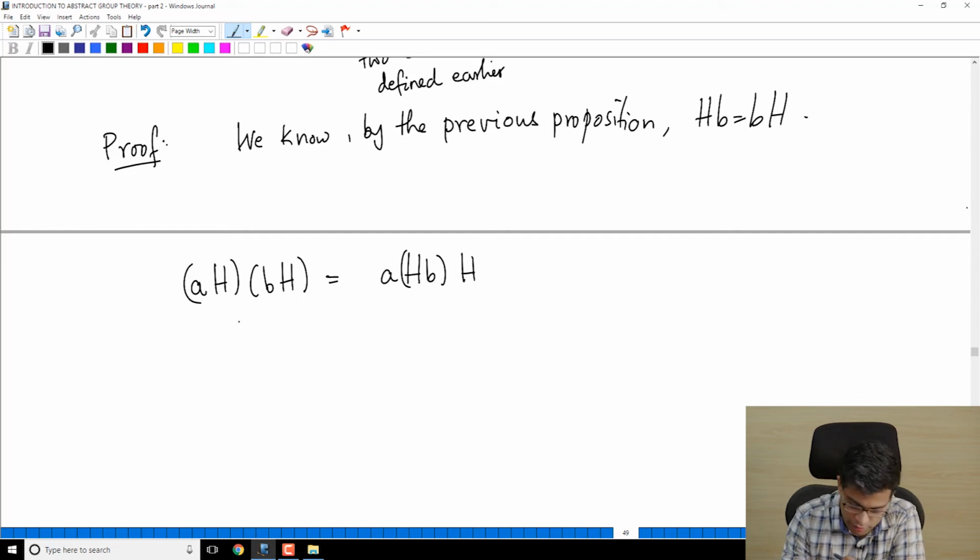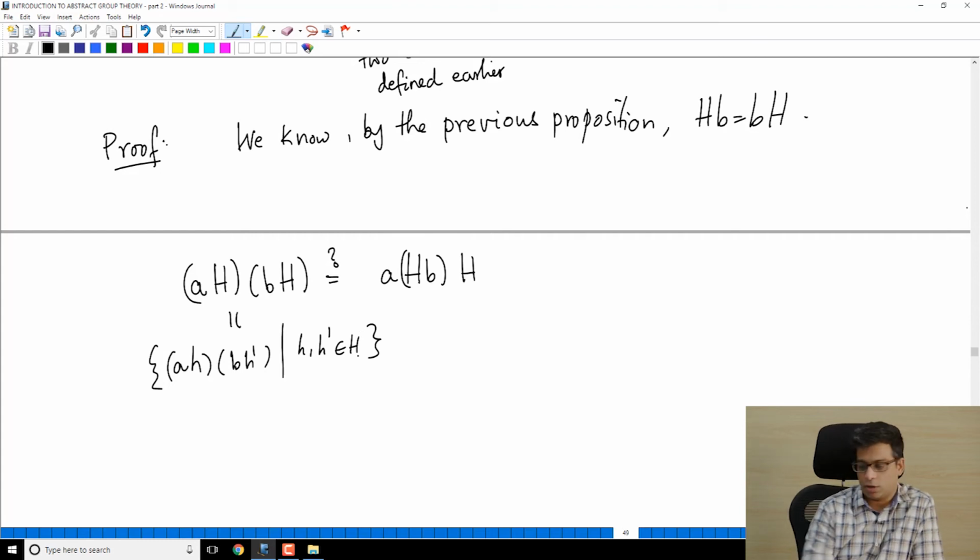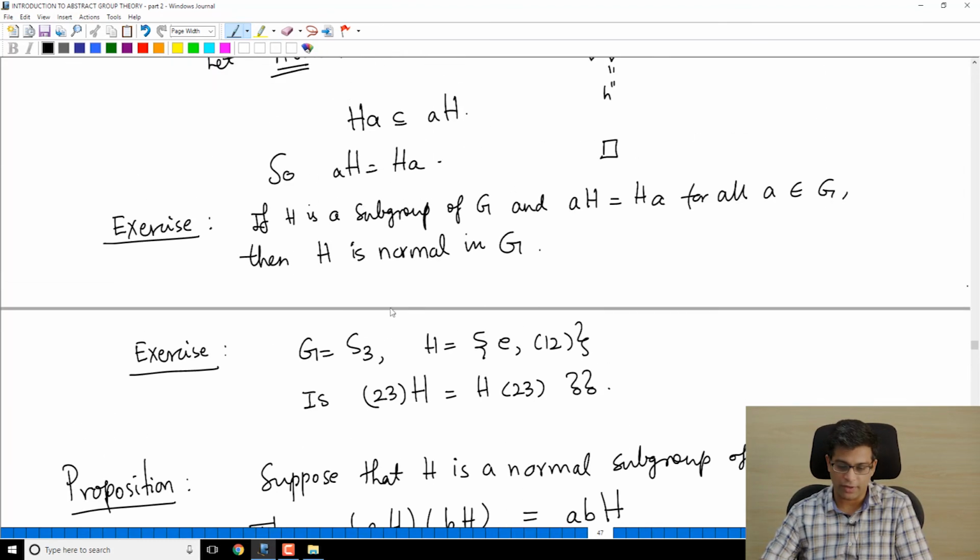It is true, but it might be useful to actually write this down. What is AH times BH? You take something in the left coset AH, it is of this form, and you take something here in BH, so B h prime. You take this as you vary h and h prime in H, right? This is exactly the product of two sets in a group that we defined here.